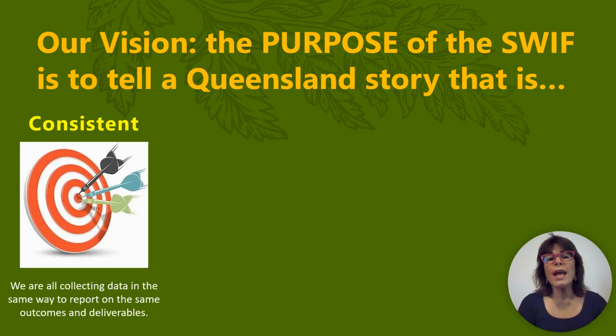So we had a shared vision, and this vision is the foundation of the purpose of the Statewide Indicators Framework. The purpose of the SWIF is to be able to tell a Queensland-wide story that is, one, consistent, so we're all collecting data in the same way, at the same scale, reporting it back up at the Queensland level in the same manner.